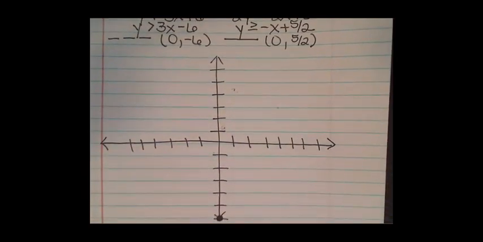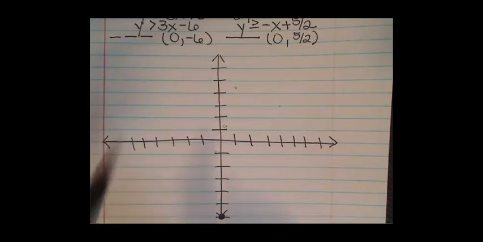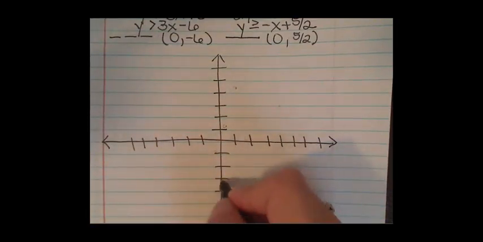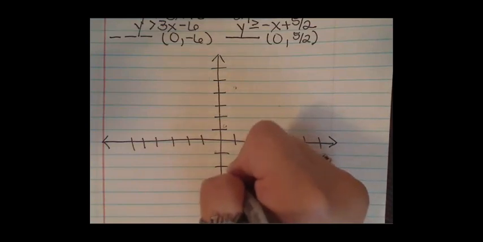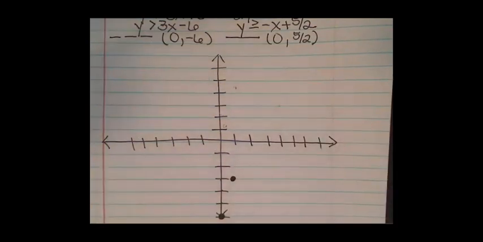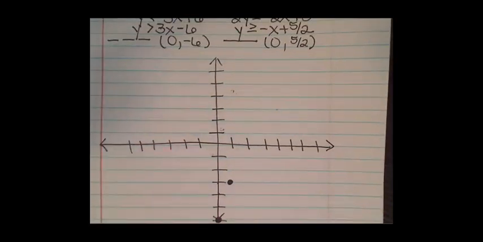And our slope is a positive 3. That means we go up 3, 1, 2, 3, and over 1. When we connect these 2 points, we have to remember it's a dashed line. So there's the first one.